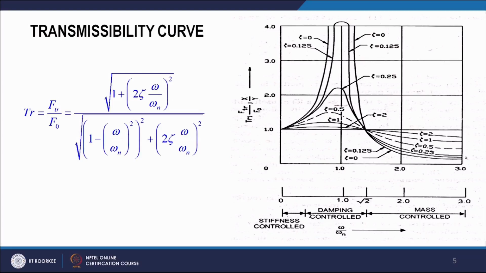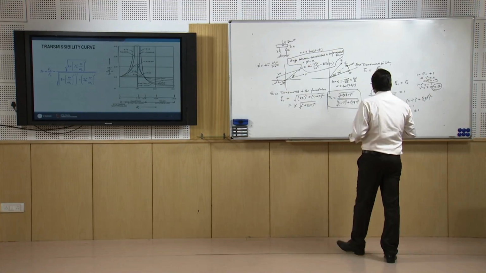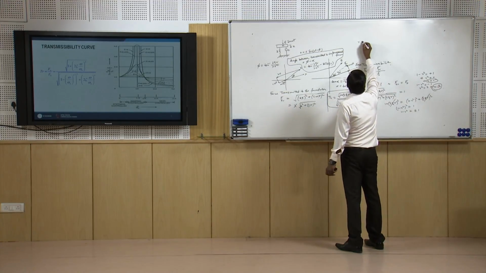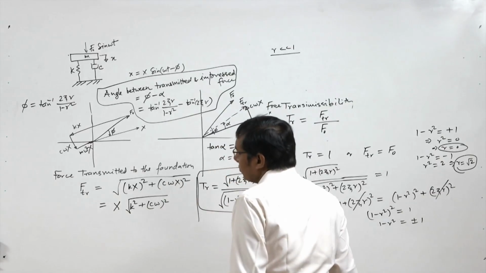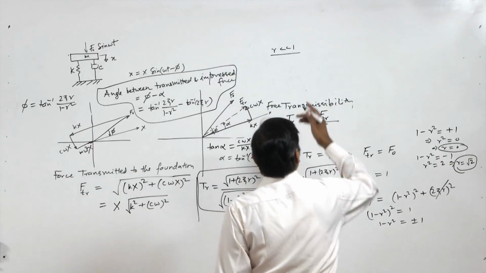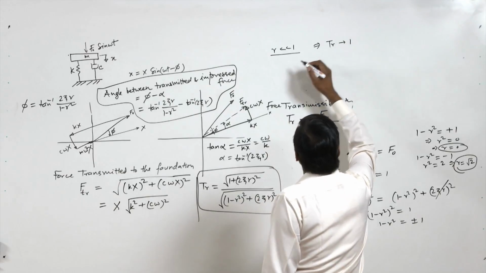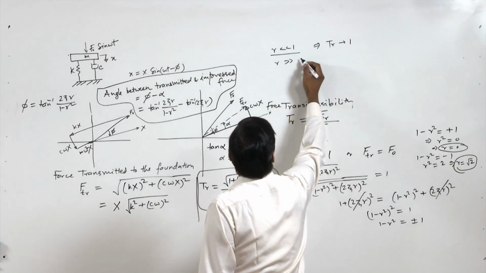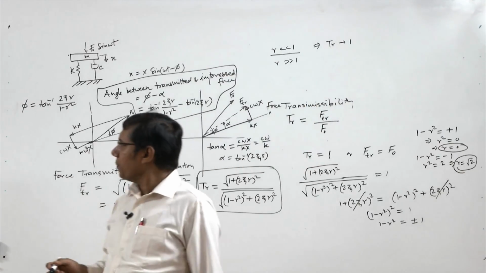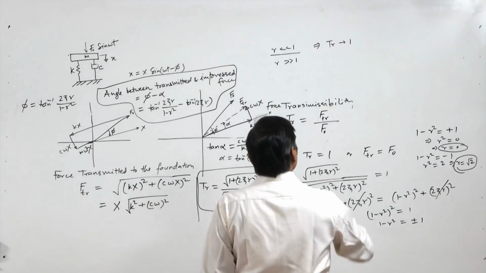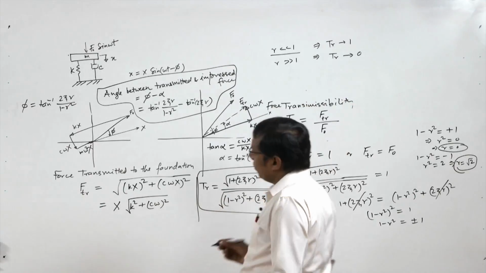Moreover, when r is much less than 1, the transmissibility is close to 1, and when r is much greater than 1, the transmissibility is tending to 0.